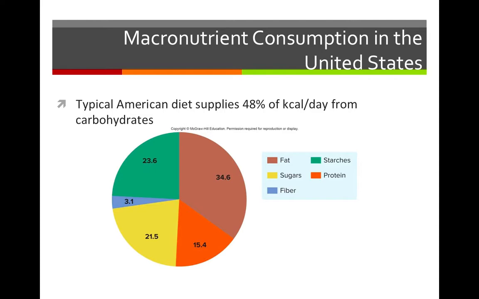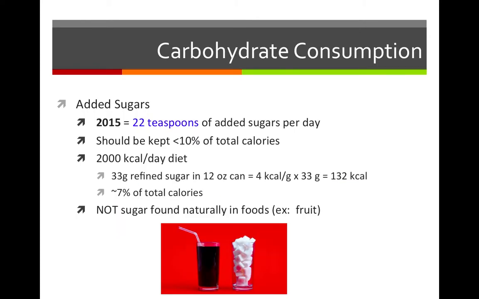Added sugars should be minimized or avoided completely since there's no health advantage associated with their consumption. Now, speaking of their consumption, in 2015, Americans consumed about 22 teaspoons of added sugars per day. Remember, these are not the sugars found naturally in foods like bananas or sweet potatoes, but the ones added, for instance, for flavor or texture.